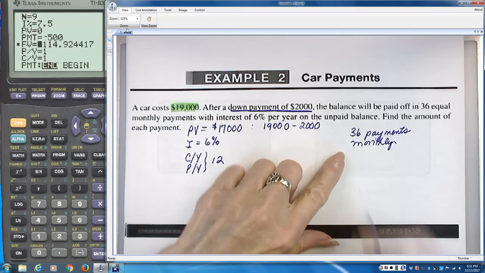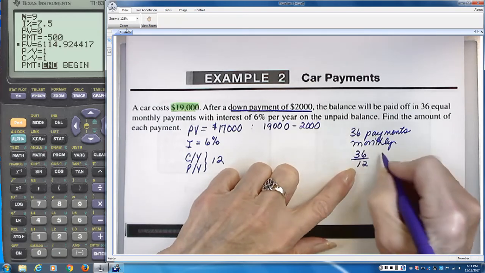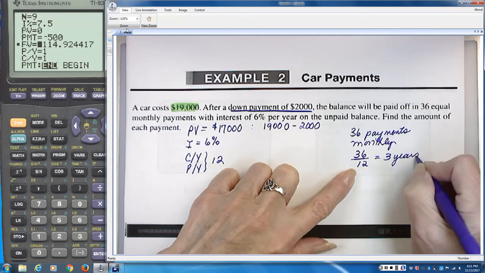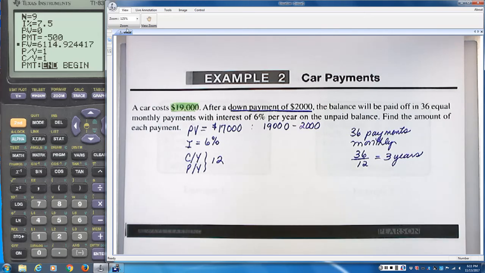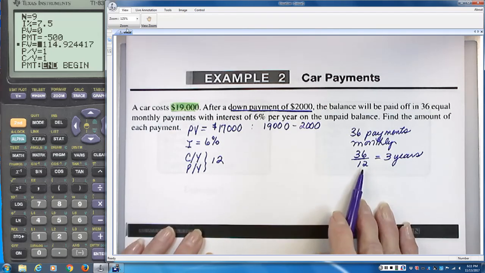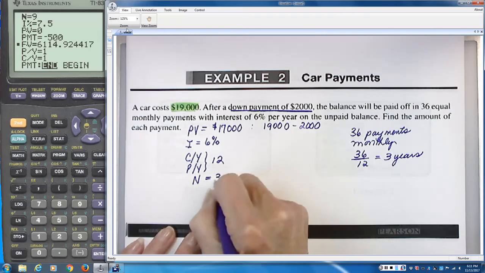So what this tells you is that his loan is going to be paid off in 3 years. So this 36 monthly payments is 3 years times 12 payments a year. So that means the value of N is going to be 36.